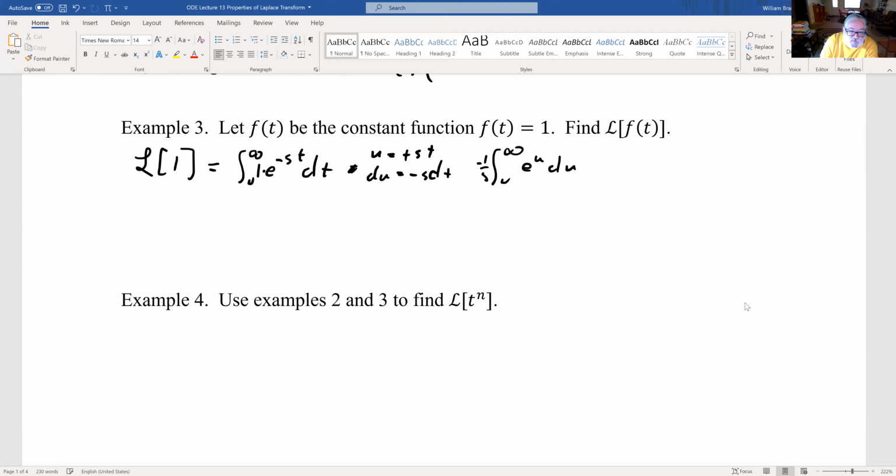Leave this as a plus, actually. So this will be a plus, this will be a minus u. And then this is 1 over s times minus e to the minus u evaluated from 0 to infinity. The limit as u goes to infinity of e to the minus u is 0, minus 1.